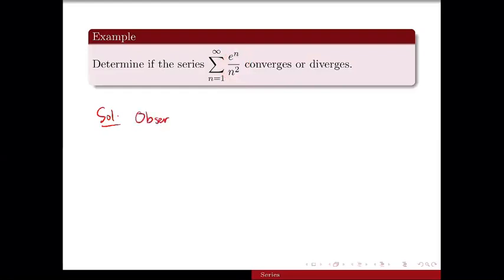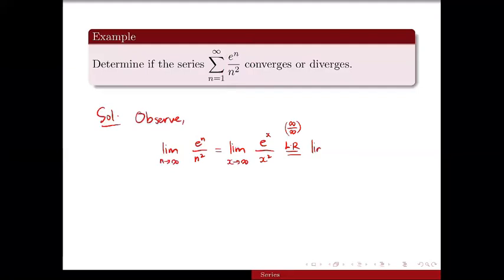Okay? So observe the limit as n approaches plus infinity of e to the n over n squared. Well, let us rewrite this as the limit as x approaches infinity of e to the x over x squared. This is infinity over infinity. So we can use L'Hopital's rule.